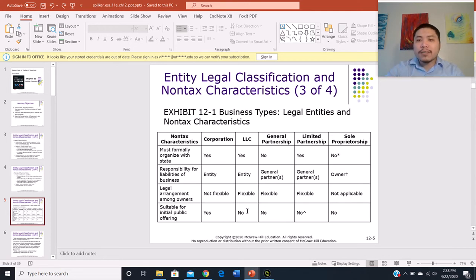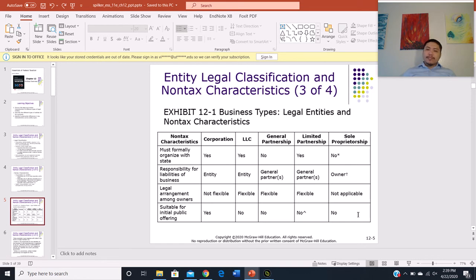That's why a lot of businesses start off as either a partnership or a sole proprietorship, and then after the business booms and becomes very successful, right before they want to go into an IPO, they change the form of the business into a corporation, and then they file for an IPO, you know.